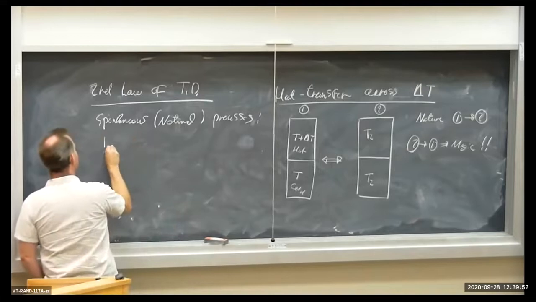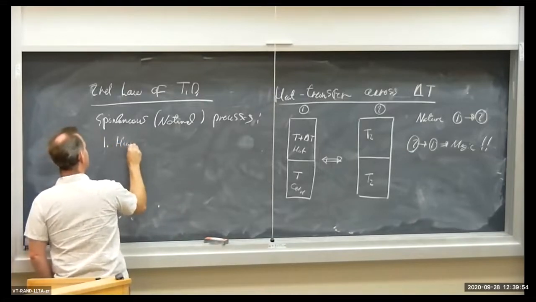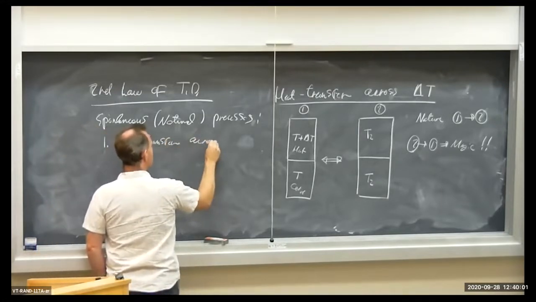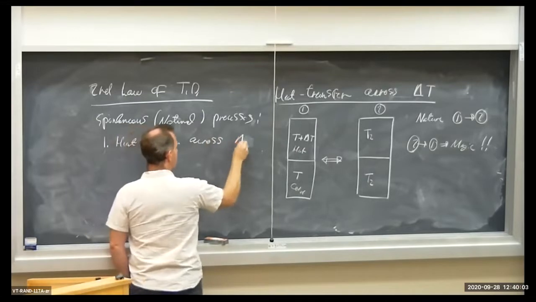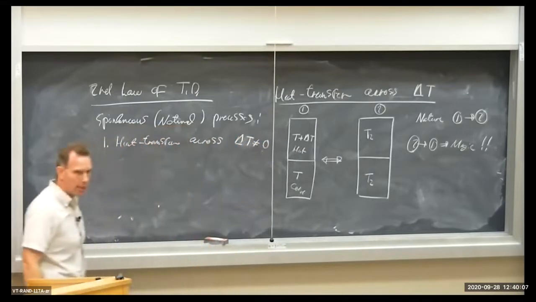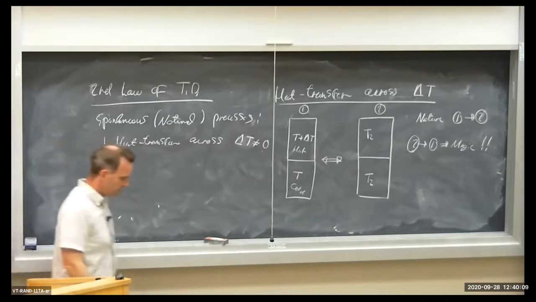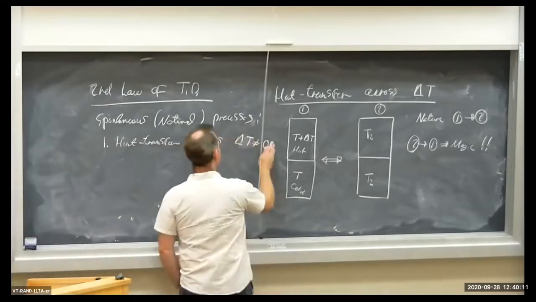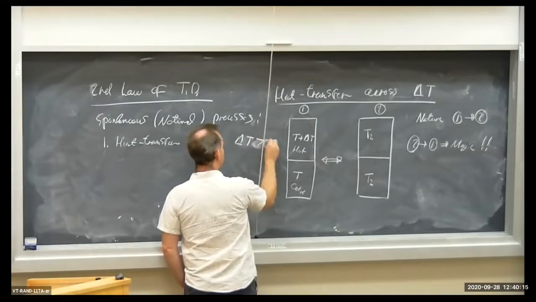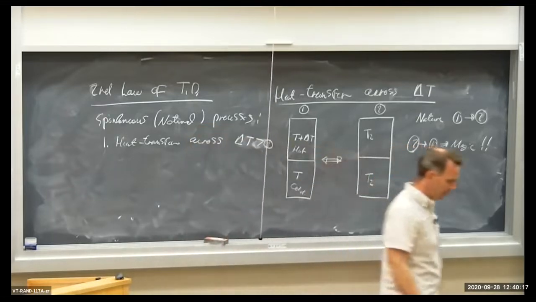First one is heat transfer across a delta T where delta T is not equal to 0. Maybe I should be a little bit more precise here. Delta T has to be greater than 0.